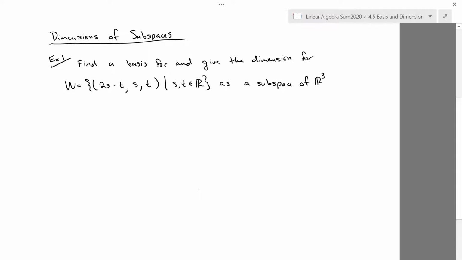Right, so here we're given the subspace W in R3, where the Y component is arbitrary, the Z component is arbitrary, and the X component depends on Y and Z.